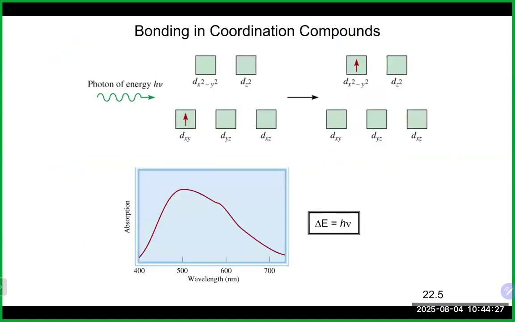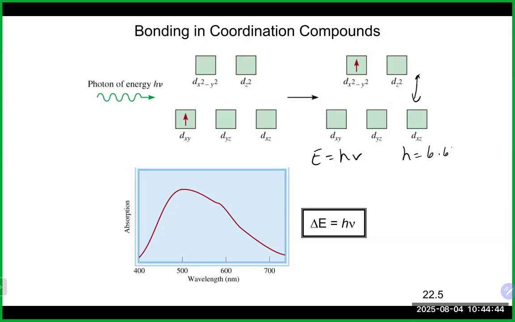You can distribute those electrons with just a little bit of energy, and you can calculate the crystal field splitting using the regular old equation you might remember, E equals h times the frequency, h being our friend Planck's constant, 6.63 times 10 to the minus 34 joule seconds. And remember our other friend, c equals the wavelength times the frequency, where c is the speed of light, 3 times 10 to the 8 meters per second.